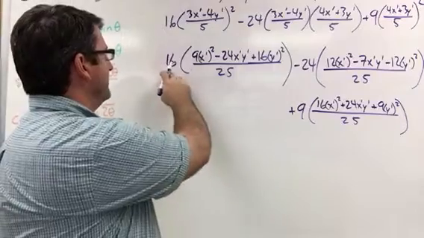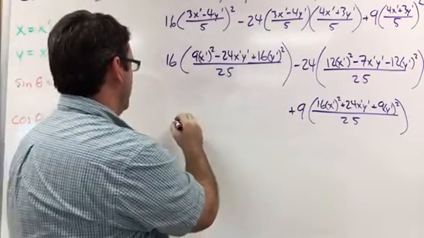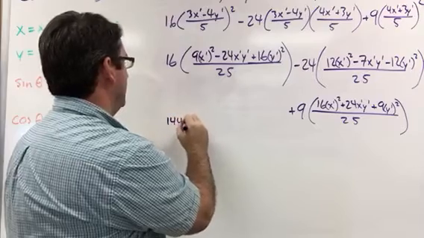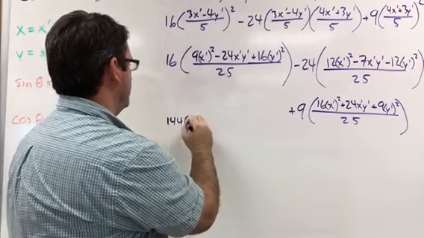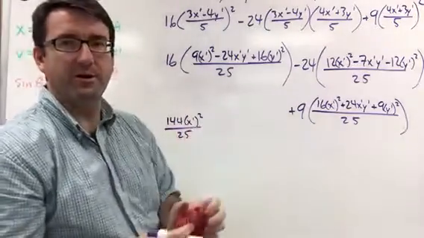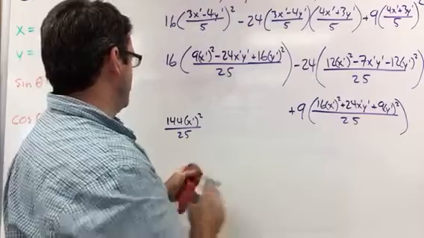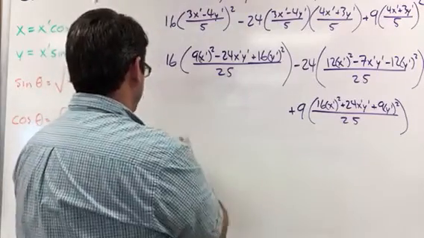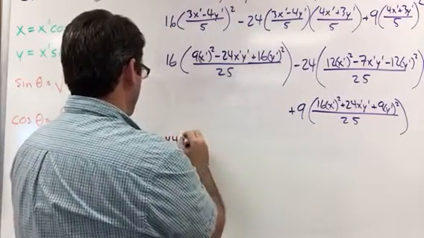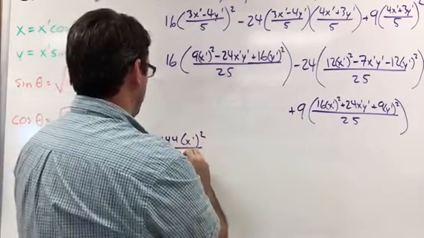So we get 16 times 9 is 144 x' squared over 25. So we're just going to do a term at a time here. Actually, let me write this a little bit lower. 144 x' squared over 25.